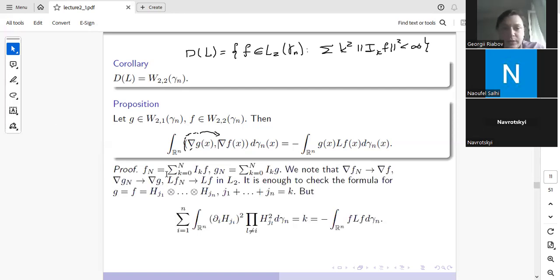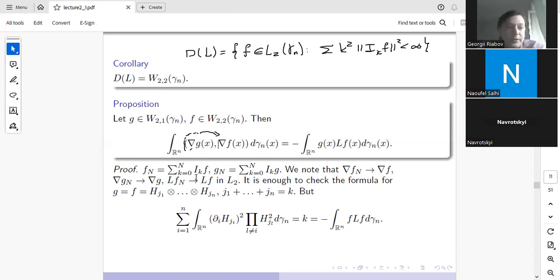Let's just take expansions of f and g, and as we saw, the gradient of Fn converges to the gradient of f, the gradient of Gn converges to the gradient of g in L2, and also LFn converges to Lf in L2. So it is enough to check this formula for polynomials. Then it is enough to check it for Hermite polynomials.